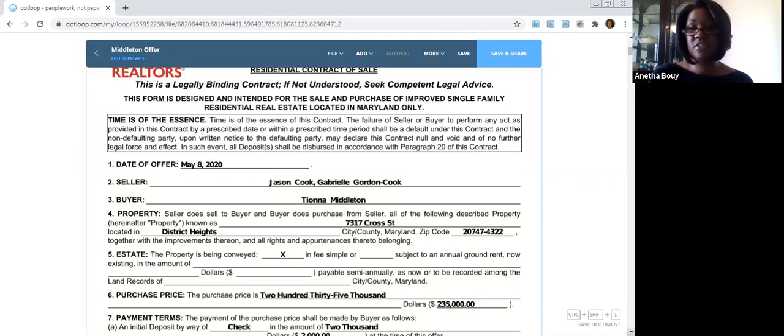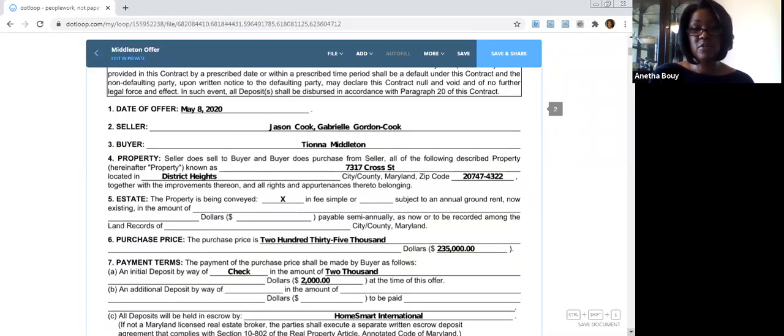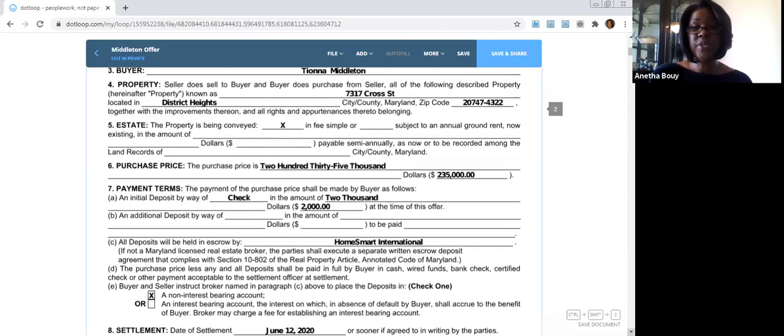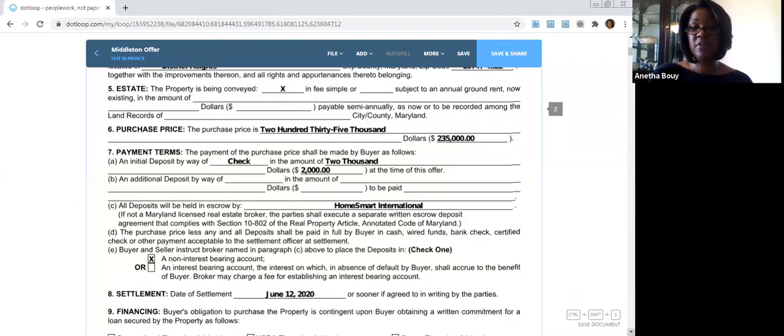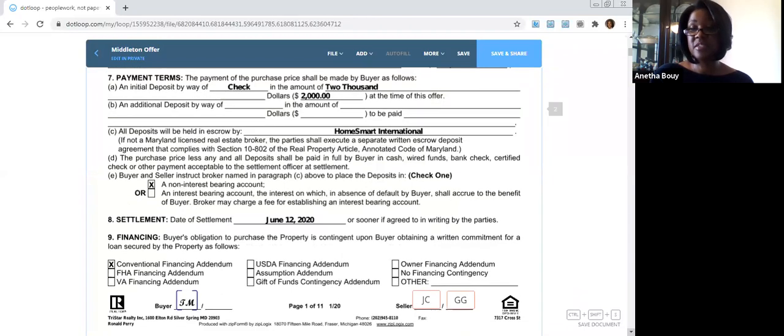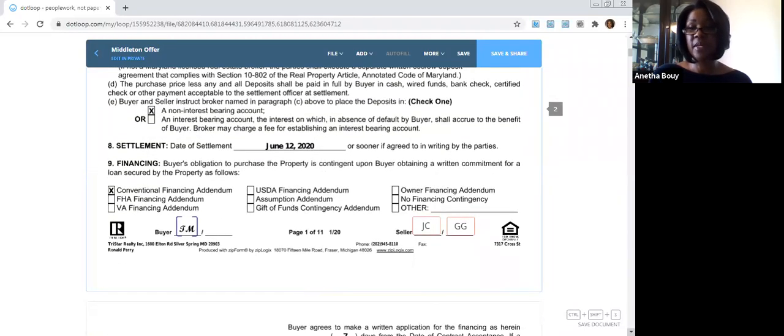It identifies to you the sales price, the seller, the buyer, the address, any earnest money deposit, and who is going to be holding the buyer's earnest money deposit, okay? It also gives you a settlement date, okay?